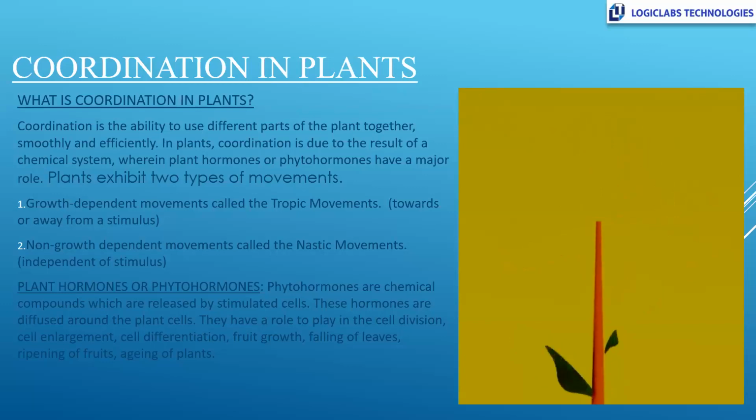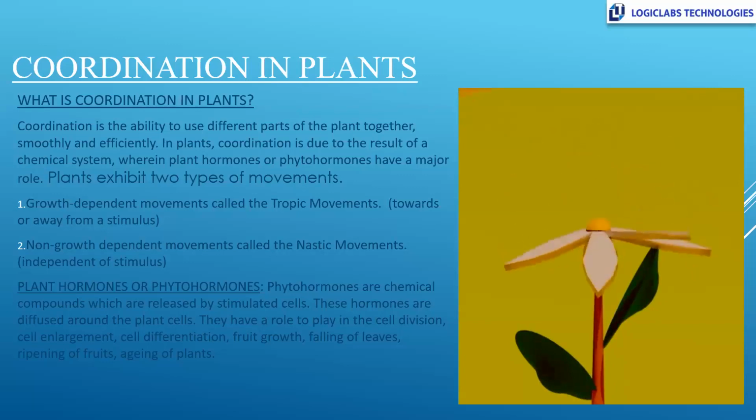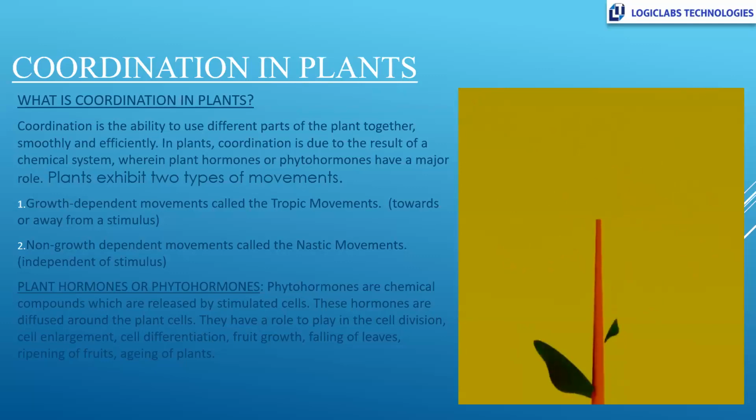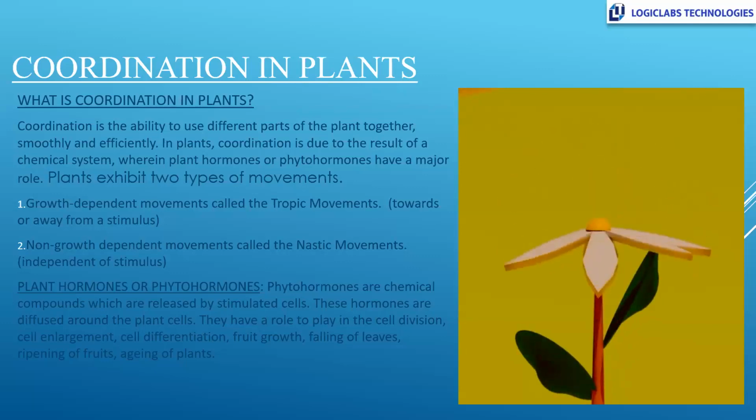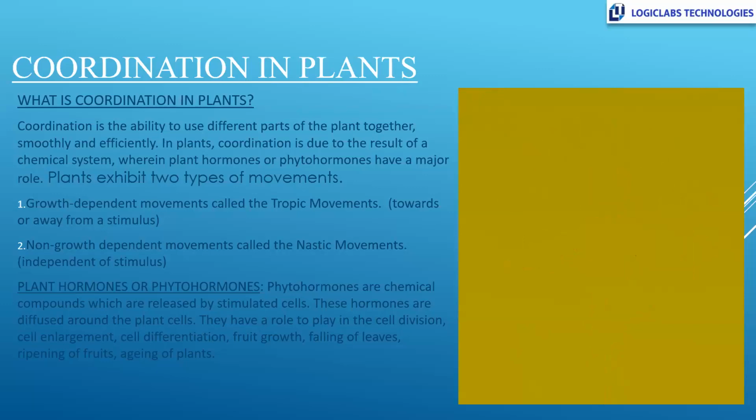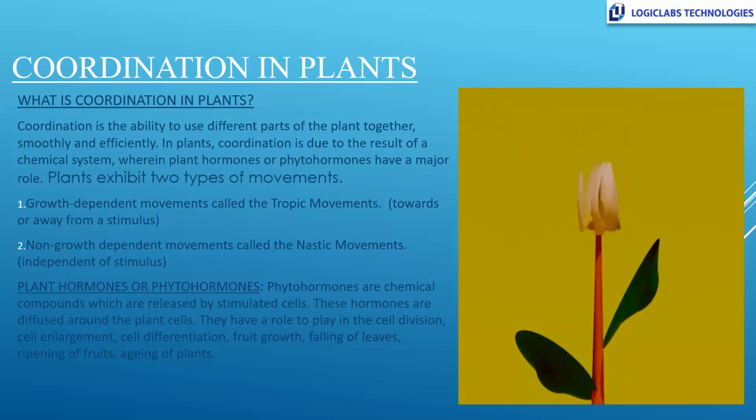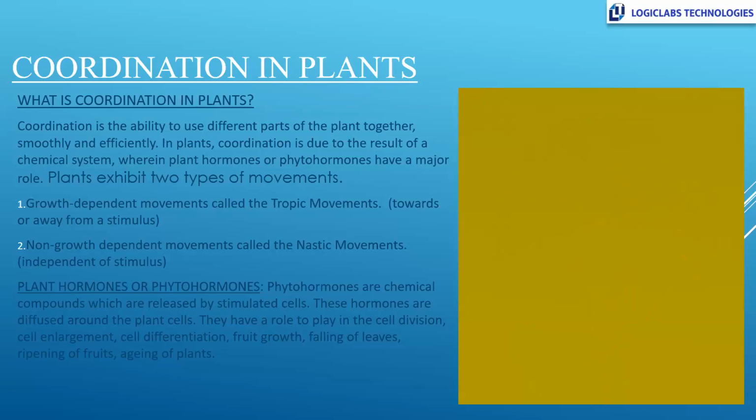Big trees which are there, like banyan tree, sesame, all these are examples for aging of plants. So the age of these plants is very long, like a neem tree and all that. All these, the aging also is decided by the plant hormones or the phytohormones.